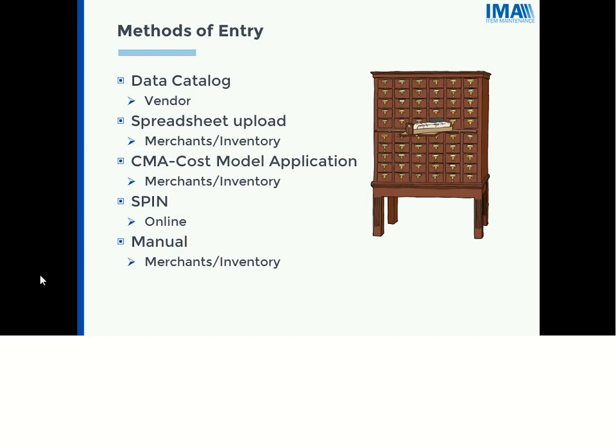So if you're building mixed cartons or assorted cartons, you will not be able to sync over that information. Otherwise, we do require our vendors to use data catalog. You actually have to do your first sync over before we will get access to IMA. For internal users, we have the spreadsheet upload process, a system called IMA, the cost model application, as well as manual entry options.